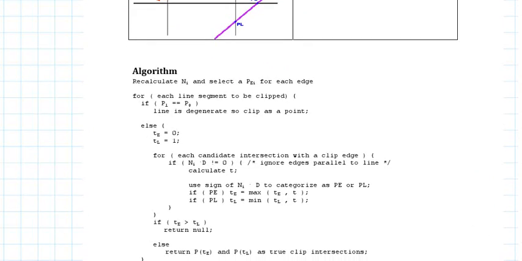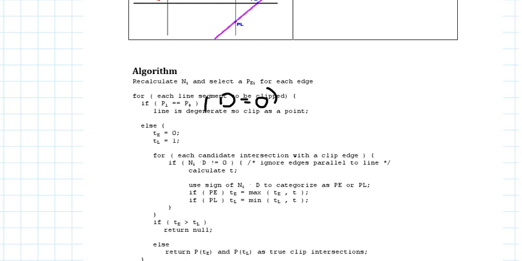For each line segment to be clipped, if P1 equals P0, that means, in other words, if D equals 0, as we have discussed before, it is actually not a line, then it is a point.